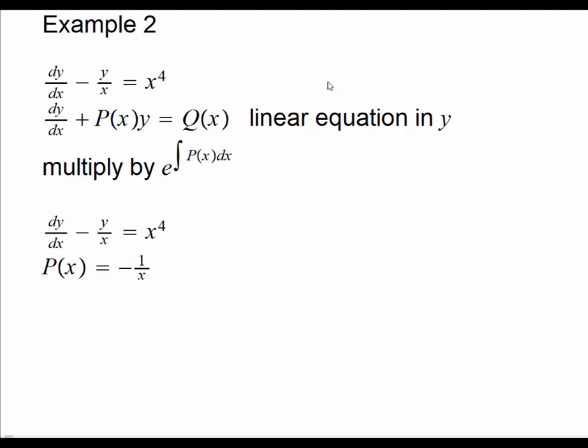So if I computed this function, e to the power of the integral of negative 1 over x dx, then this is going to be e to the power negative ln x, or simply e to the ln x to the minus 1, and that turns out to be simply x to the negative 1, because exponential and logarithm are inverses of each other.